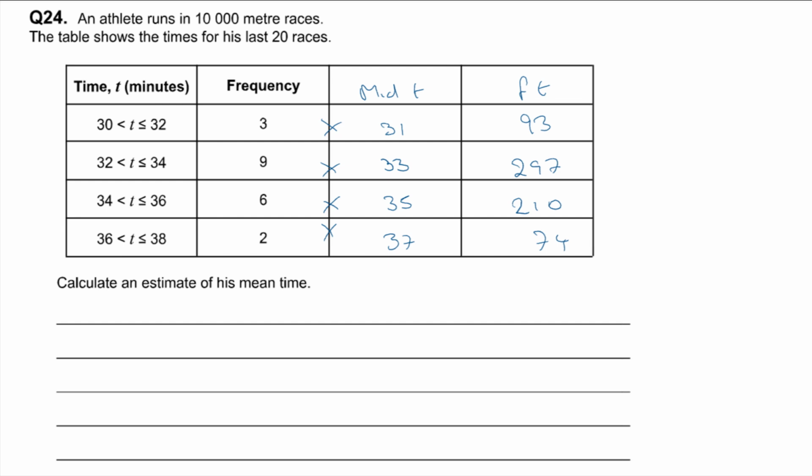So sigma f, the sum of the frequencies, is going to be equal to 20, because it already tells us there, but we can add them up as well if it doesn't. And sigma ft, the sum of the frequencies times the times, is going to be 74 plus 210 plus 297 plus 93. 4 values comes to 674.